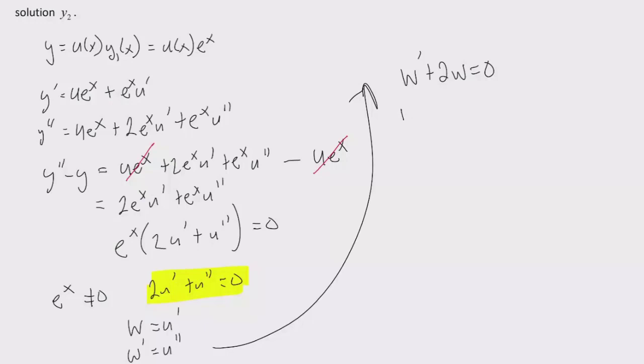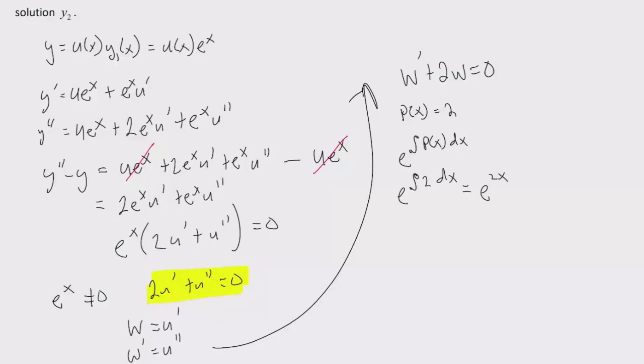So that's where p of x equals 2, and I want e to the integral of p of x dx, right? So e to the integral of 2 dx, which is just e to the 2x.